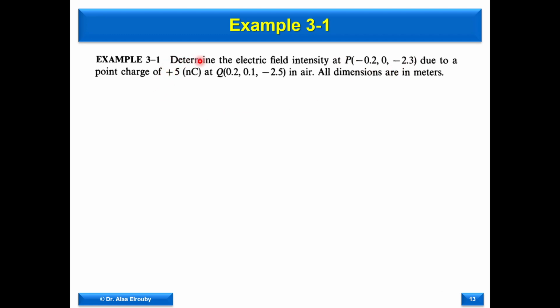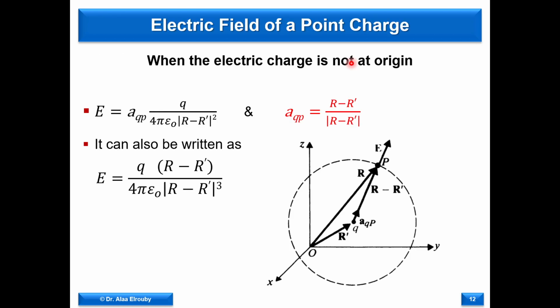At the source, we have this amount of point charge, and we need to find the electric field at this point. So this is a very direct application of what we just learned in this slide here. So the solution would be to apply this rule.